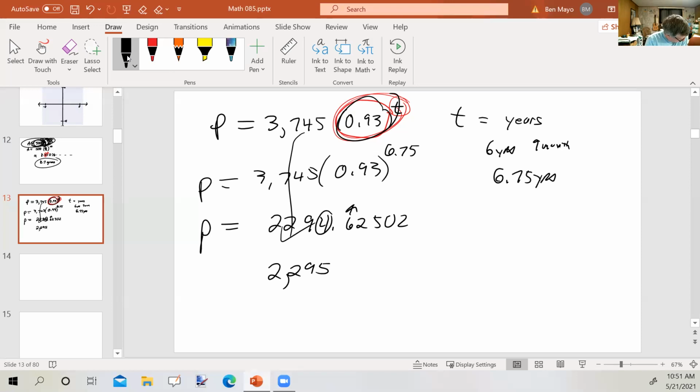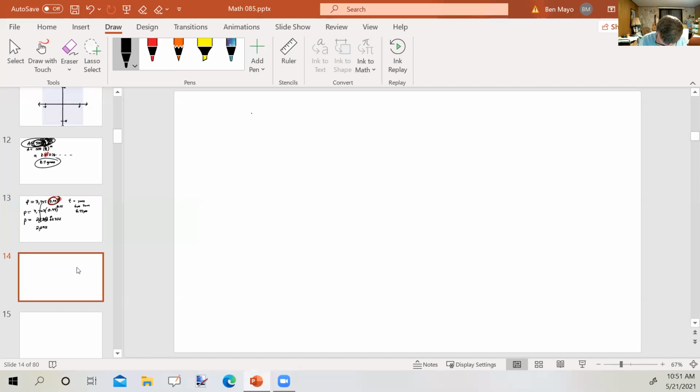Okay. Now, we're going to look at a special formula that's used to calculate compound interest. And the formula looks like this. A equals P times the quantity 1 plus R divided by K, all to the KT power. All right.